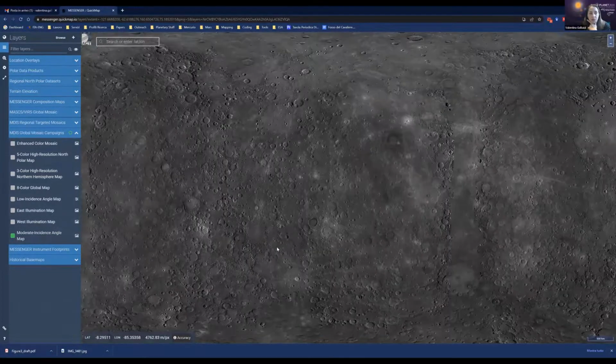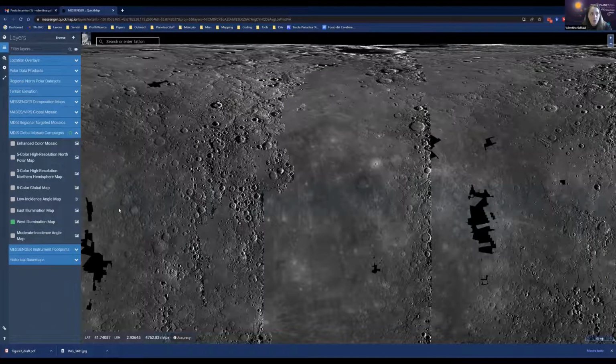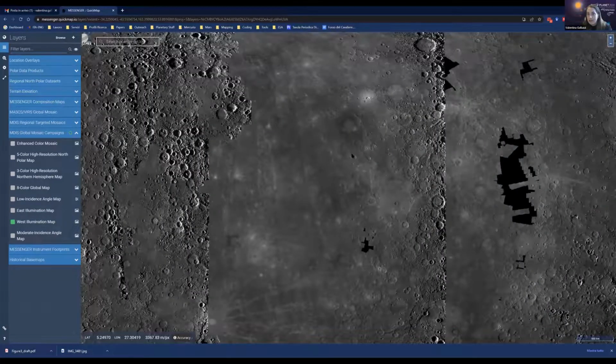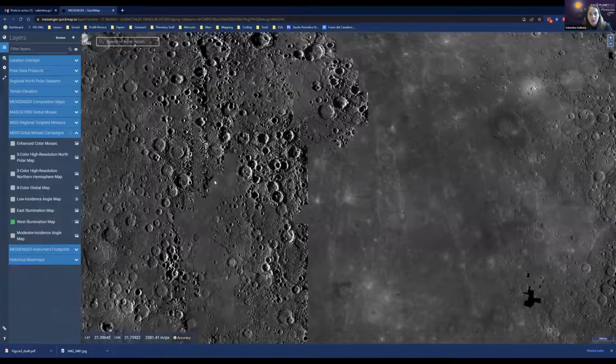These are the west illumination map, where higher incidence angles are favored, but however, not all the planet was mapped with a west illumination condition. So it's not as uniform as the moderate incidence angle base map. However, you have a uniform illumination from west everywhere. And the same happens for the east illumination map.